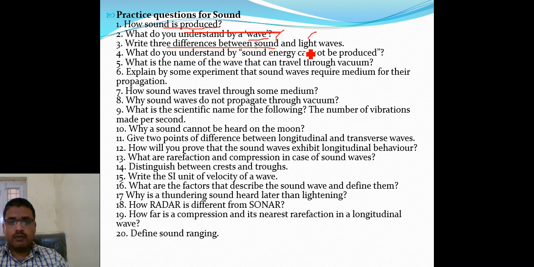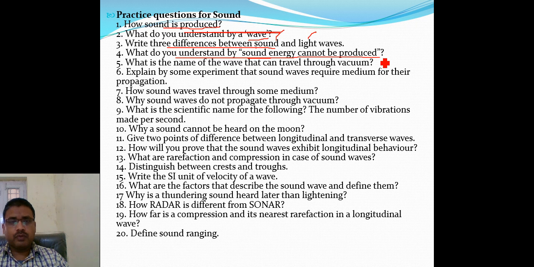There is some more difference. You can go through the given points, but here you have to write these points also. What do you understand by sound energy cannot be produced? That means why the sound energy cannot be produced if there is a vacuum.